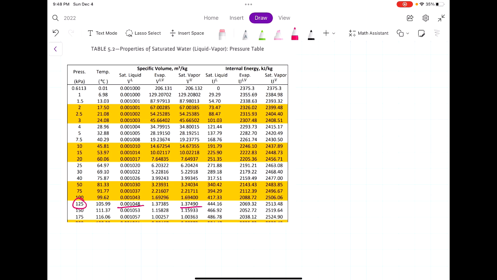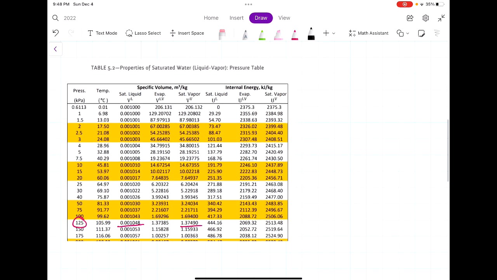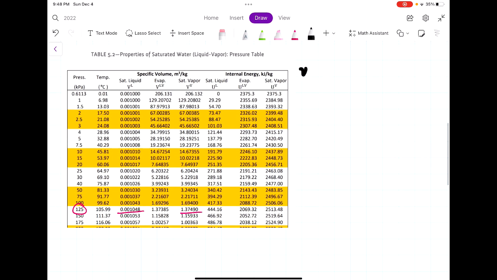Alrighty. So our v. We have our saturated liquid specific volume, which is 0.001048 meters cubed per kilogram.